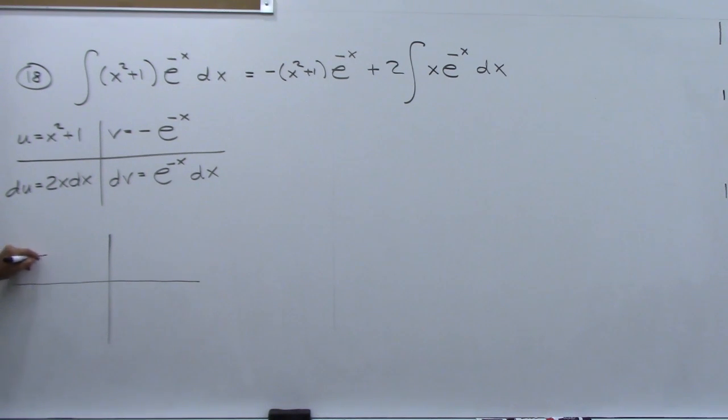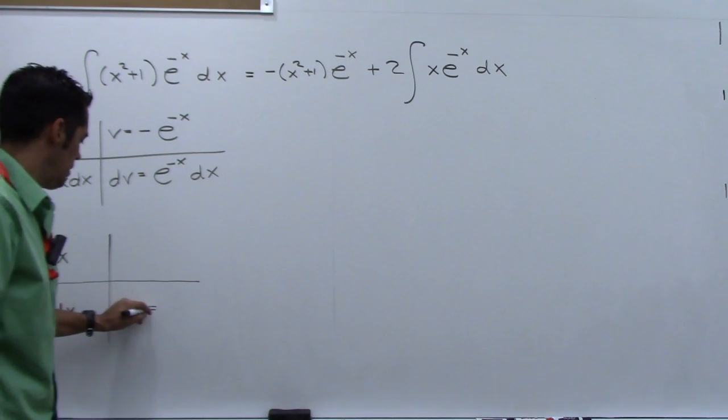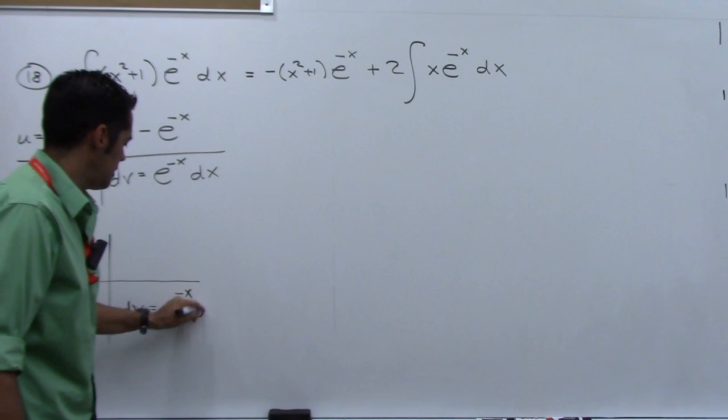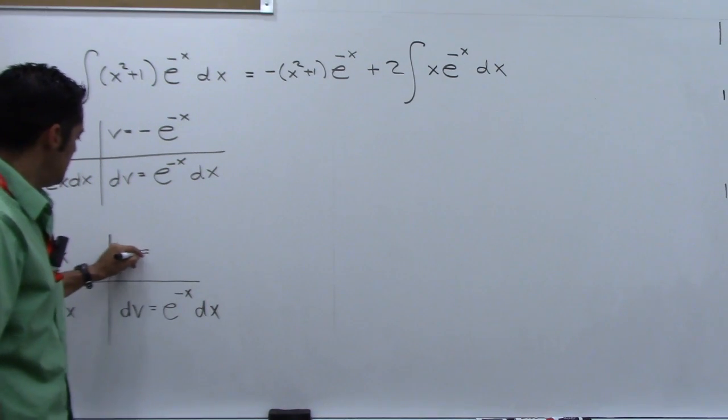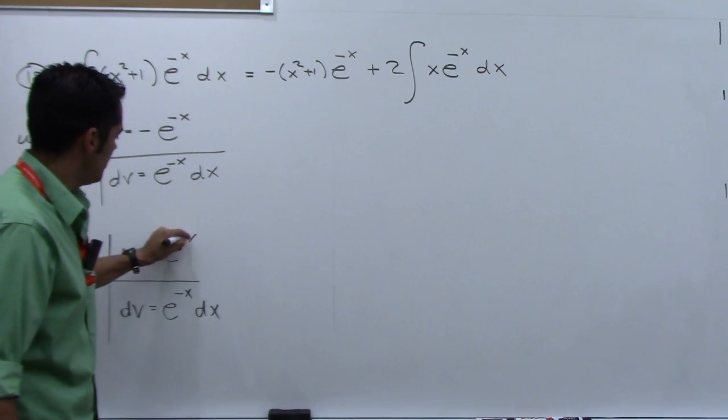So u is equal to just the x, du is dx, that's what I wanted. My dv was e to the negative x dx. That means v is equal to negative e to the negative x.